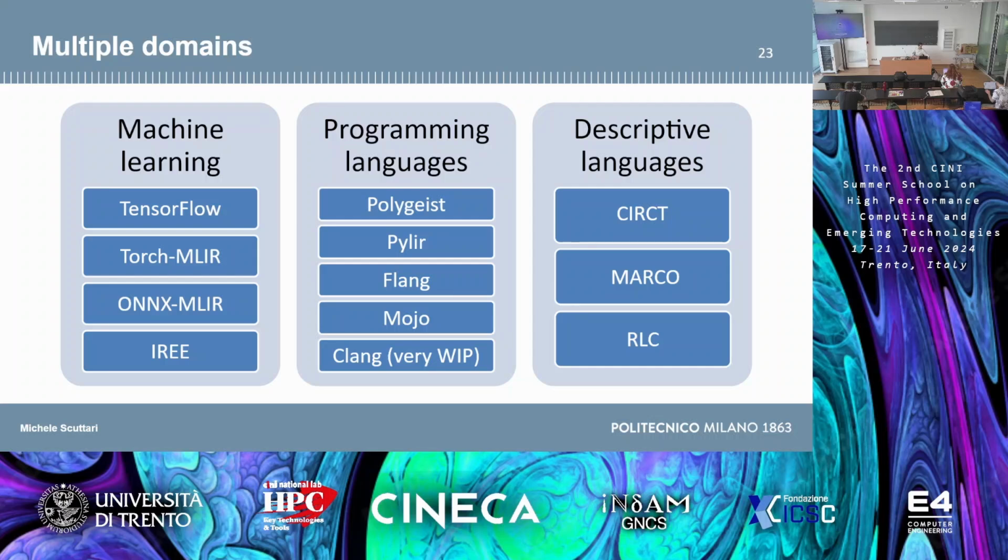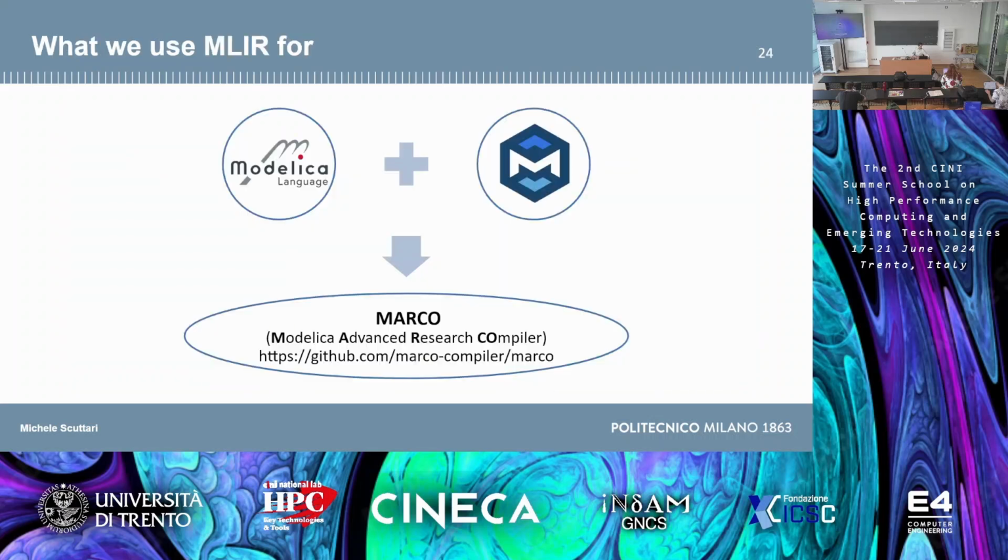The problem there is likely that the effort is significant, and there is already Silang for LLVM, so the interest is not so big. But more interestingly, there is space and room for a number of other languages, including descriptive languages such as the circuit dialect that is used to describe circuits, and Marco, which is a dialect that I will discuss in a minute.